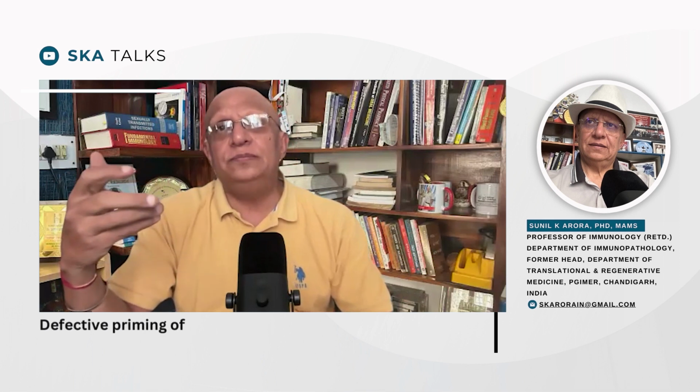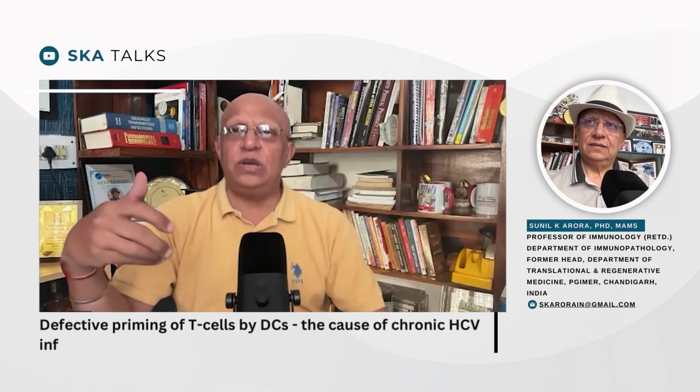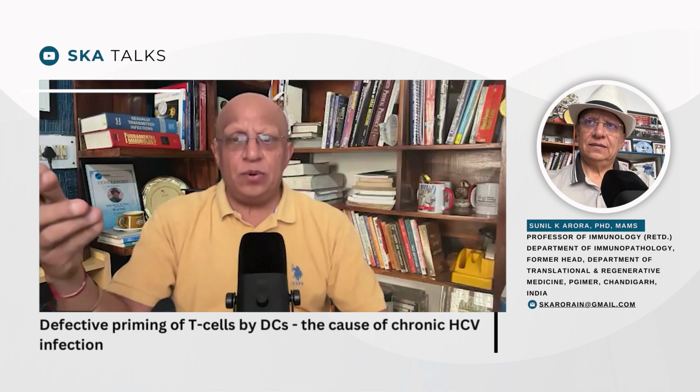So in order to understand the underlying mechanisms, in my lab, we isolated myeloid dendritic cells from the chronic hepatitis C patients, and we tried to stimulate them with bacterial lipopolysaccharides, and we found that these cells were defective in expression of CD80 and 86 molecules, which are the co-stimulating molecules.